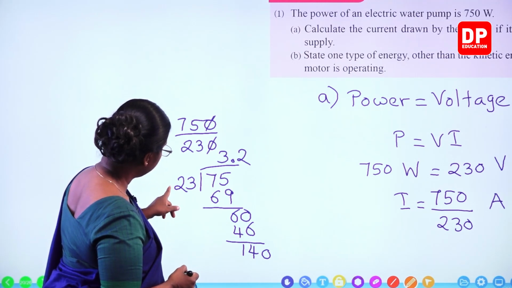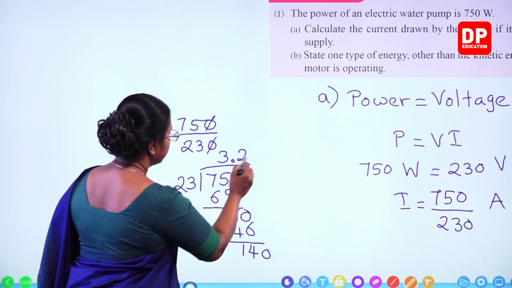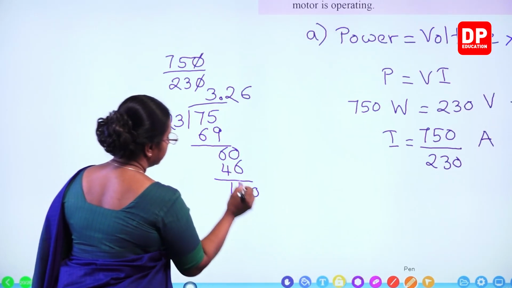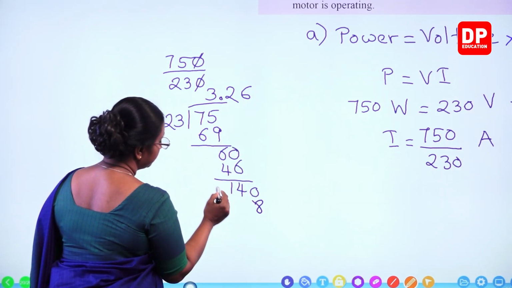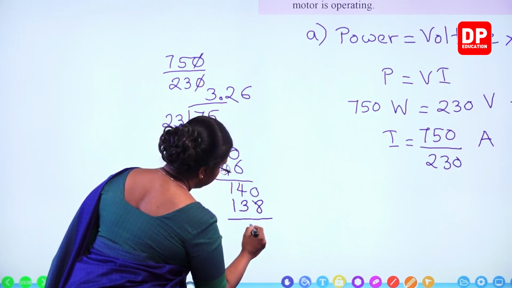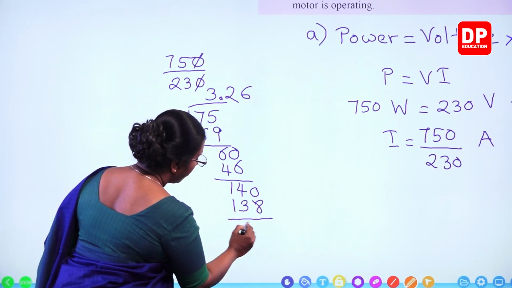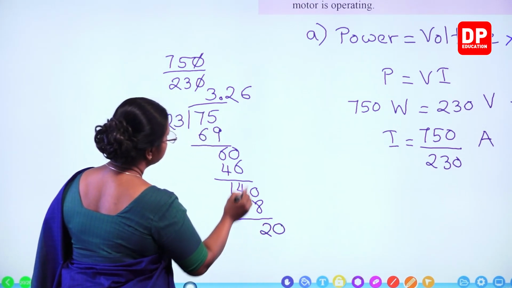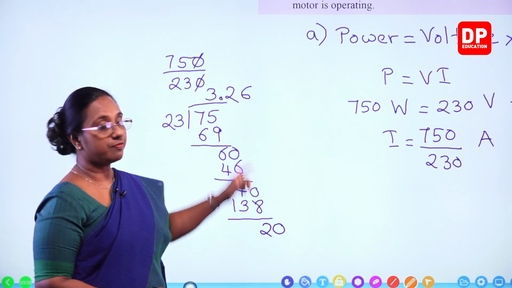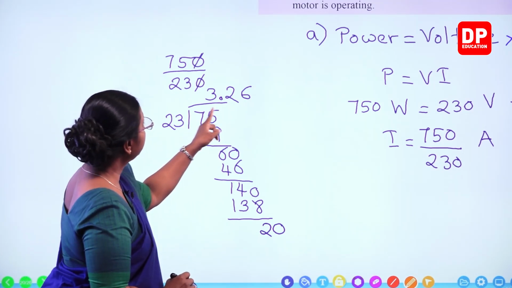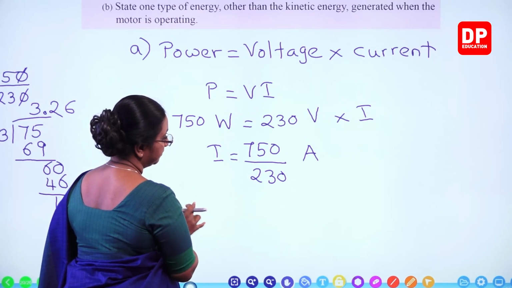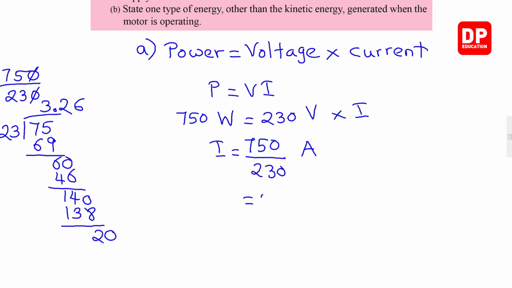Then of course you can have 6 times. 6 into 3, 18; 6 into 2, 12, so 138. 140 minus 138, 2. So then of course it becomes 20, then 0, 200. We can stop with the second decimal place, 3.26. So that is the amount of current. So here we have the value 3.26 amperes.